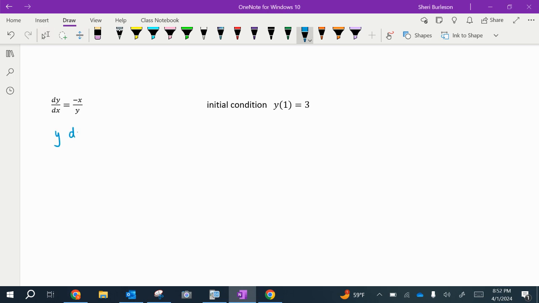I get y dy equals negative x dx. And when I integrate, I'm going to get y squared over 2 equals negative x squared over 2 plus c. So when I multiply everything by 2, I get y squared equals negative x squared plus 2c.